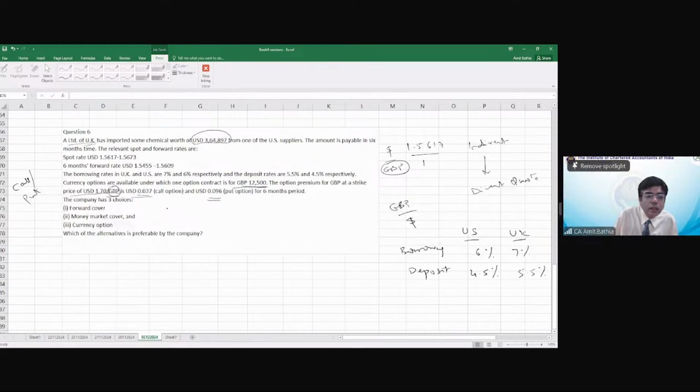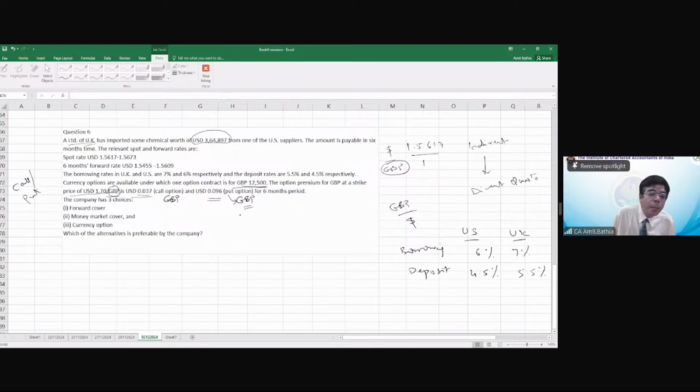Call option is right to buy. If I am the call buyer, I have a right to buy. I will buy which currency? Base currency is GBP. So do you want to buy GBP or do you want to sell GBP? Sell GBP and buy USD. Exactly. I want to buy USD, right? So I have to sell GBP, which means I will opt for put option.